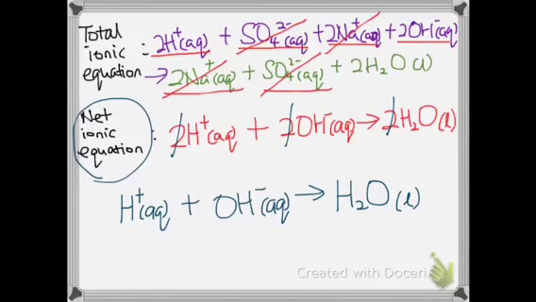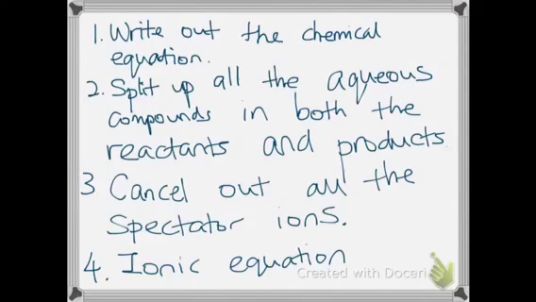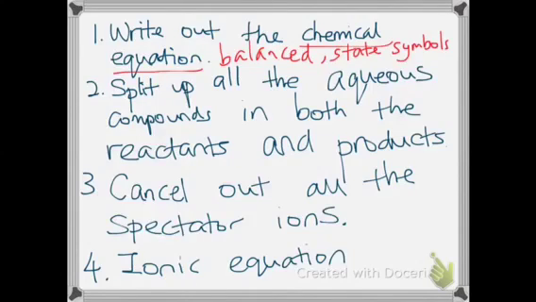So let's recap the steps that we need to take in order to construct an ionic equation. Firstly, we've got to write out the chemical equation. Remember, this chemical equation needs to be balanced, and it will be good to include the state symbols. Why?